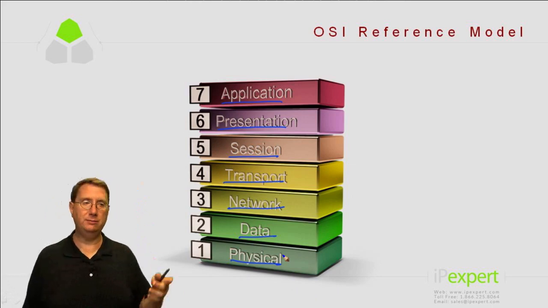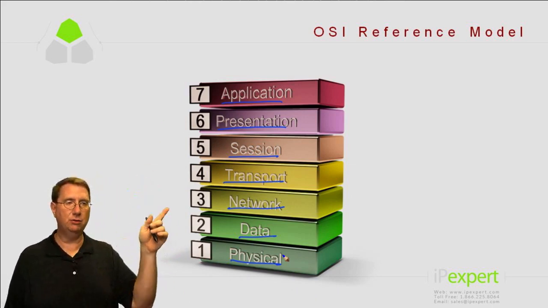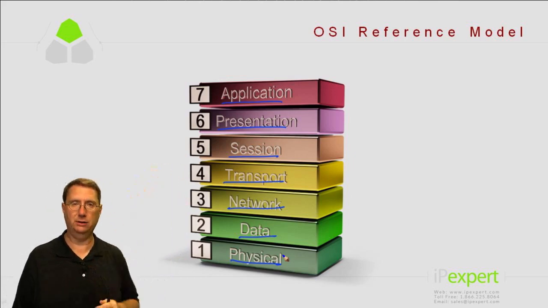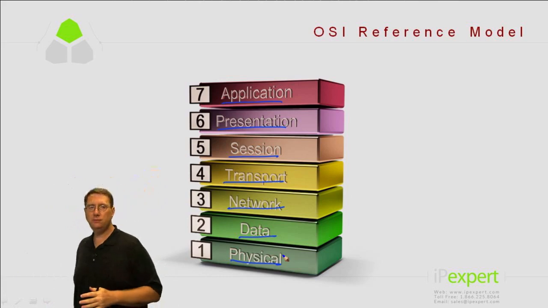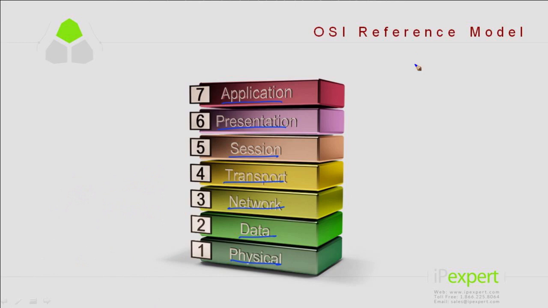Another way of memorizing it is if you go from the bottom up, layer 1 all the way up to 7, is please do not throw sausage pizza away. Whoop, cut my hand off. So those are going to be useful mnemonics. I'll go ahead and write those down just so you'll have them. The first one is going to be all people seem to need data processing.